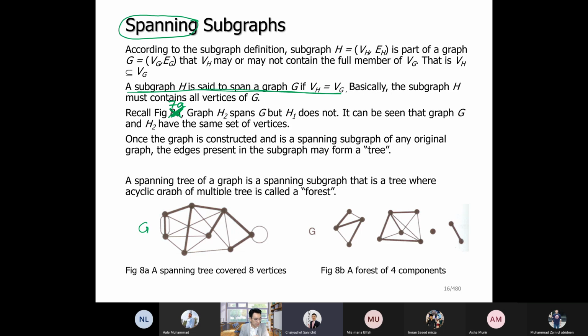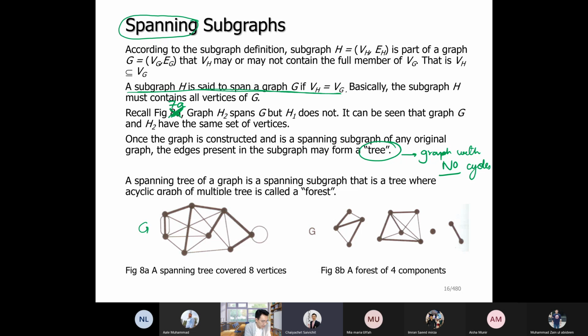Once the spanning subgraph of the original graph is constructed, the edges present in the subgraph may form a tree, but it could also not be a tree. Remember the tree; we're going to discuss trees next week. A tree is a graph with no cycles.